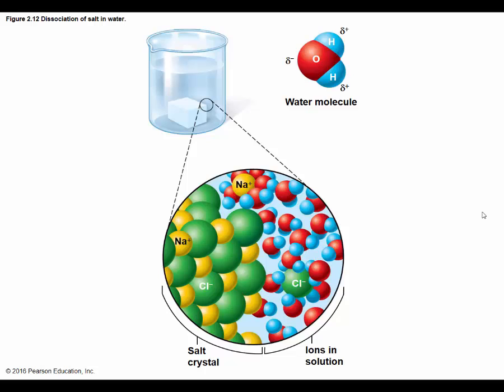So basically, it separates these ions from one another, so this sodium can go off and do something in the body, can leave that space and go somewhere else and do its job. And the chloride can leave its space and go somewhere else. So we're essentially separating these ionic compounds, which are salts, and allowing those ions to go off and do their work that they do. And some of those ions open channels.